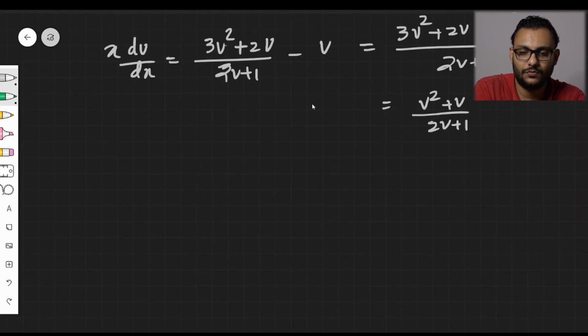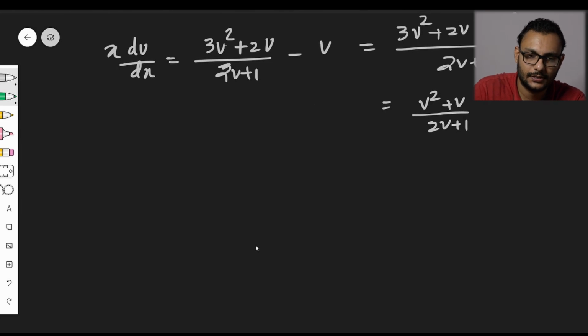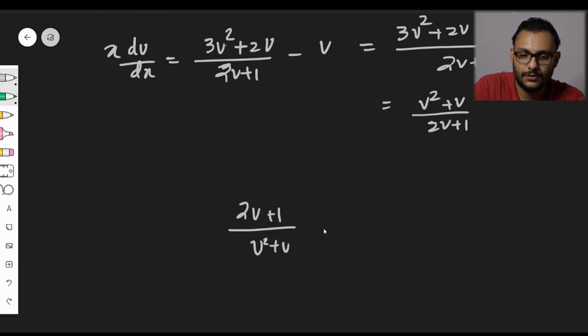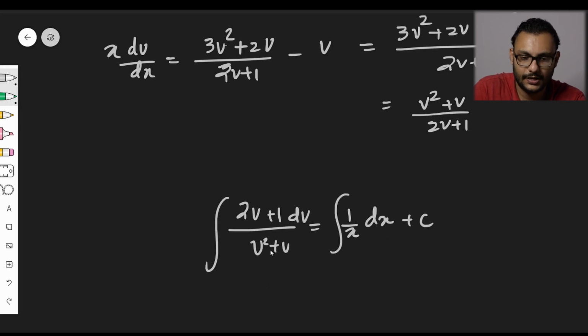Now separating the variables, taking this term to the left hand side and x terms to the right hand side, we get 2v plus 1 by v square plus v dv is equal to 1 by x dx. Integrating here, the derivative of v square plus v is in the numerator, so we can apply the logarithmic result.